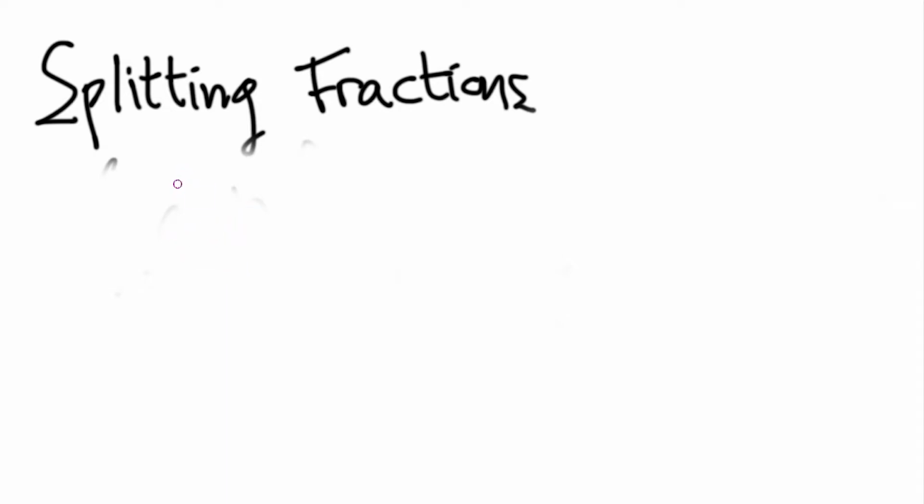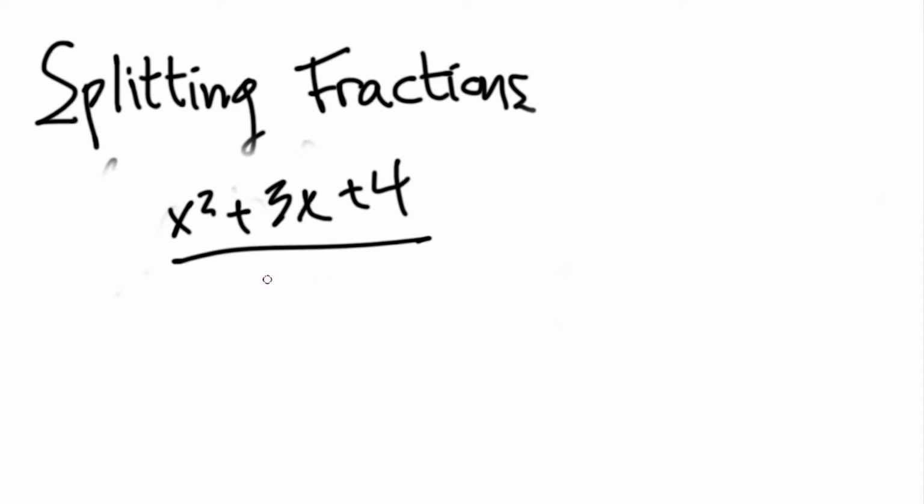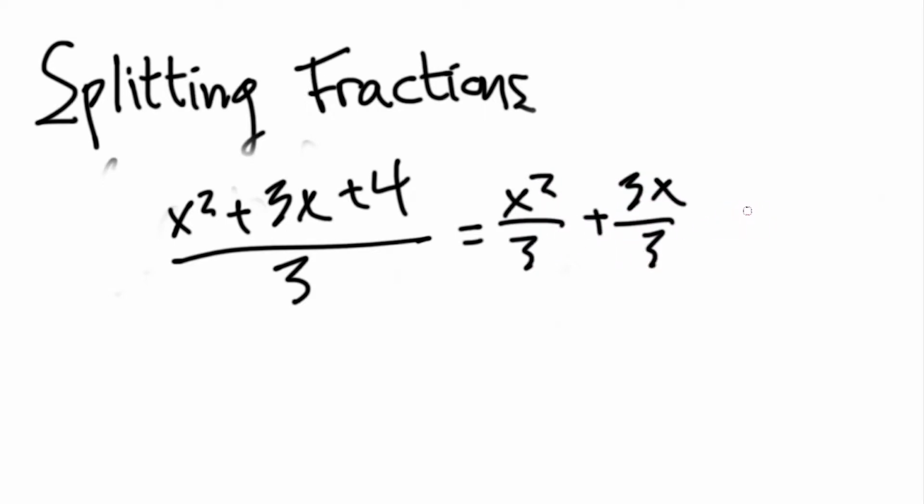Splitting fractions is not just limited to two numbers, right? We can have a very complex expression over here, right? Let's just say it's over 3 or something like that. We can split this up as x squared over 3 plus 3x over 3 plus 4 over 3, right?